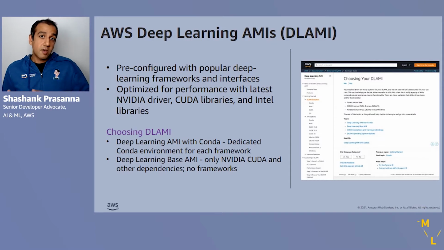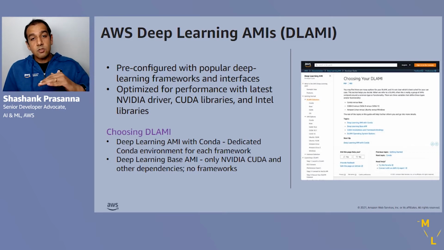Now, if you're not familiar with deep learning AMI, the deep learning machine images that are available on AWS for EC2 instances have all the latest machine learning frameworks from your TensorFlow, PyTorch, MXNet, and many others. And these are highly optimized and tested for AWS instances, such as your compute instances with the C instances and the P instances that you use for training models.